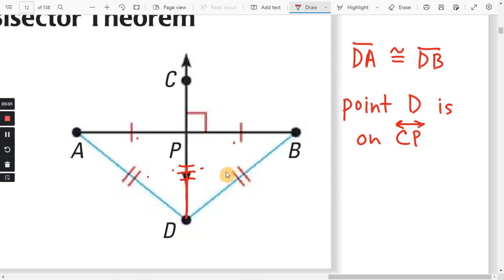And if these two triangles are congruent, this angle would have to match that angle, so they would both have to be 90 degrees. Even if we didn't know it was perpendicular, the triangles are congruent by side, side, side, SSS.